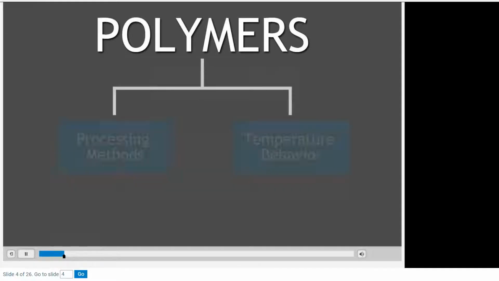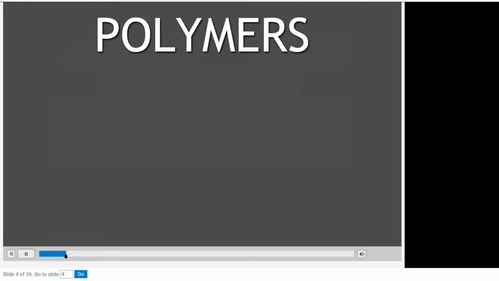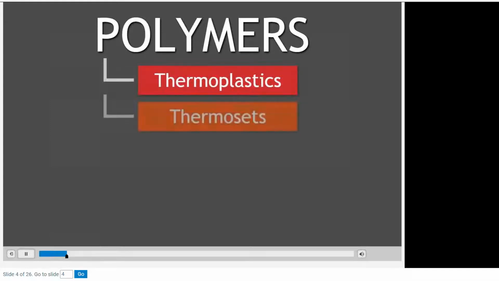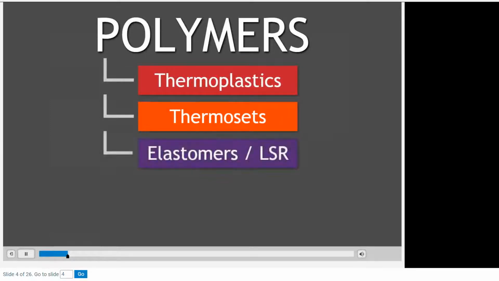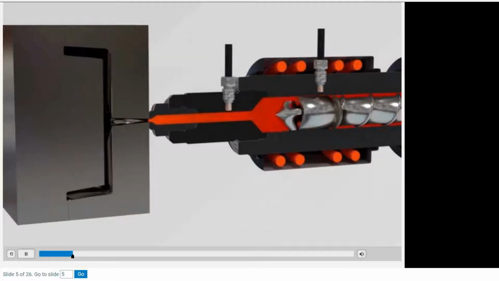Polymers are categorized by processing methods and temperature behavior. The major groups are thermoplastics, thermosets, and elastomers. There are also compounds made up of polymer blends, copolymers, composites, and thermoplastic elastomers. The most common are thermoplastics.